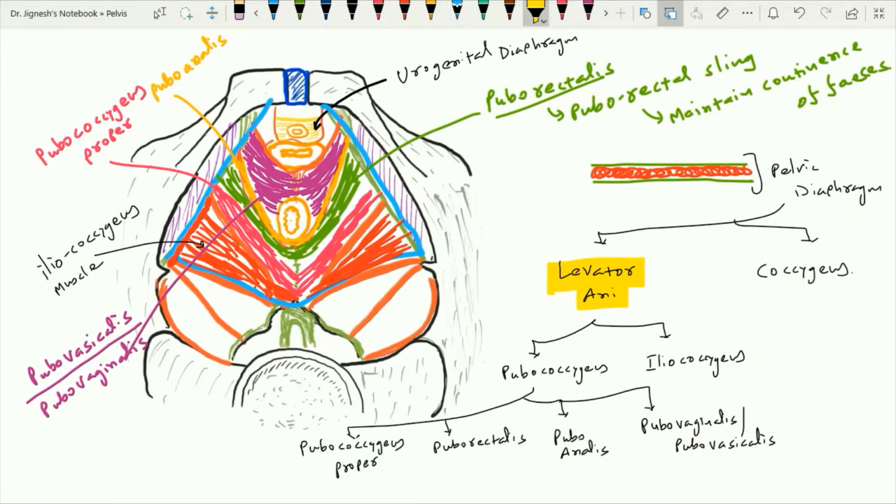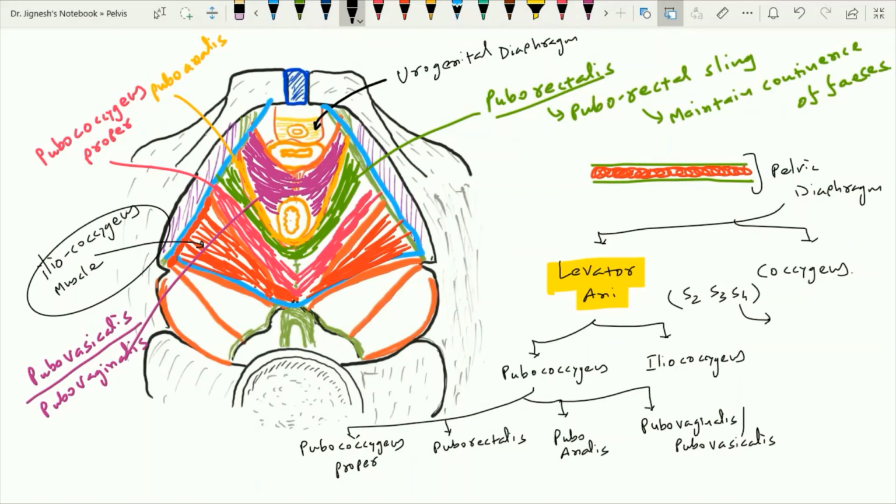This levator ani muscle is supplied by S2, S3 and S4 nerves. Out of them, the S4 nerve supplies the posterior part of this levator ani muscle, which is formed by the iliococcygeus portion, from the pelvic surface, so we can say from above.